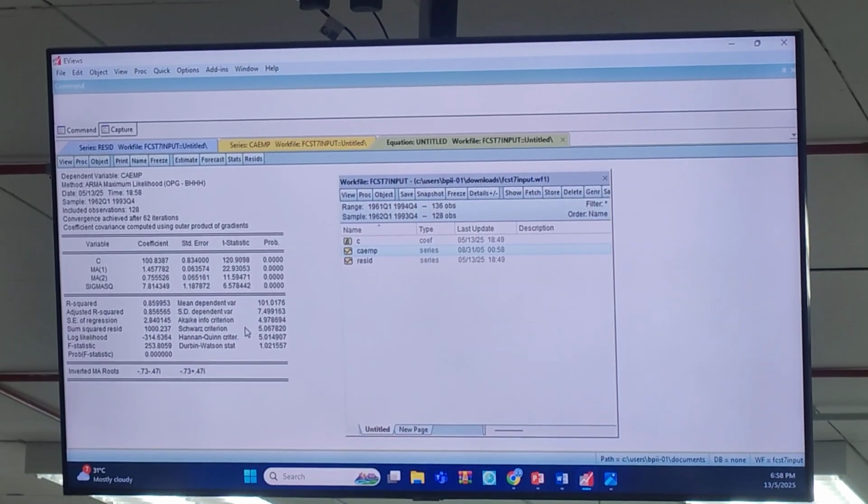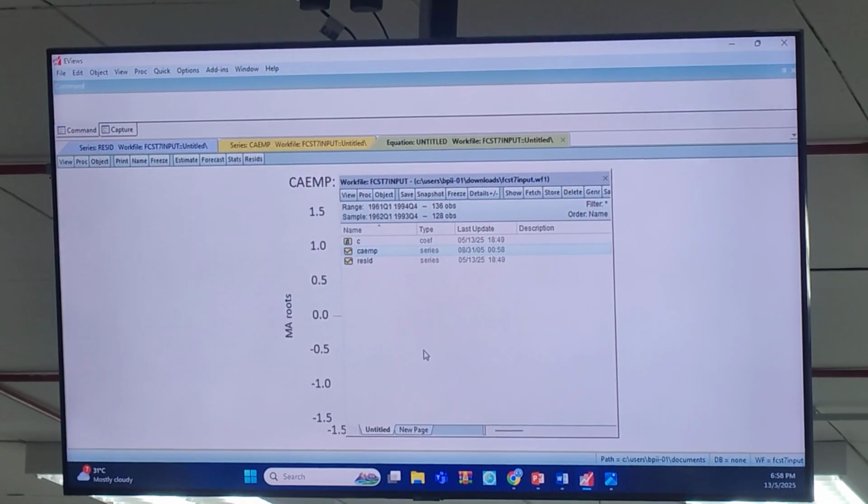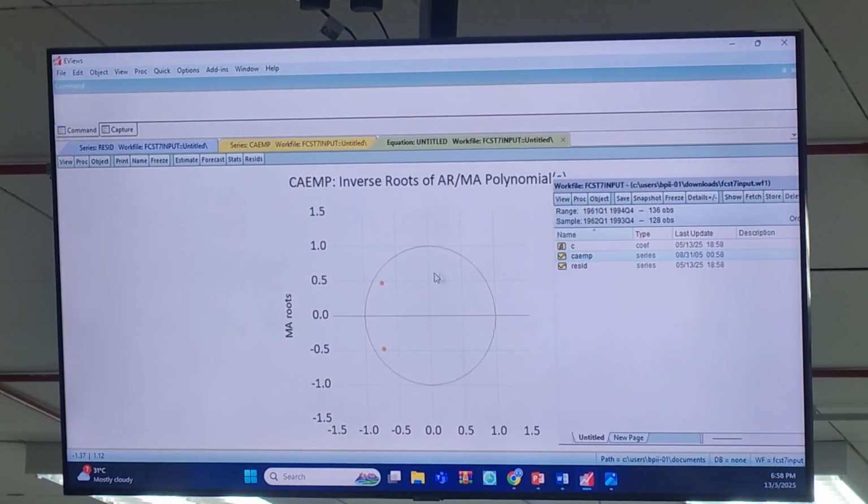Again, because we have MA terms, we have to check the invertibility. Looking at here, there are two roots, but if you want to make it easier, you check the graph. Both inverse MA roots are inside, so it is invertible.